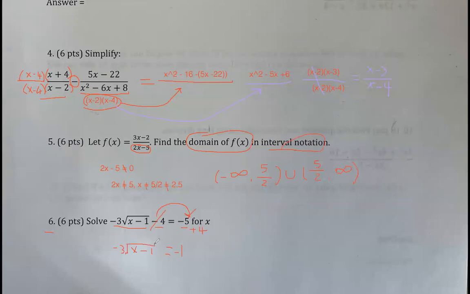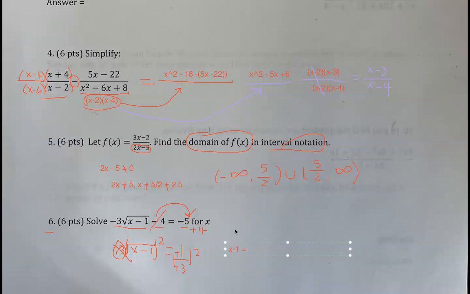So from here, what can we do? We can square both sides, or we can get rid of this -3 by dividing by -3 on both sides. On the right-hand side, -1 divided by -3 becomes positive 1/3. So no more -3 up front. Now we can square both sides. The square root cancels out, so we just have x minus 1 on the left-hand side.